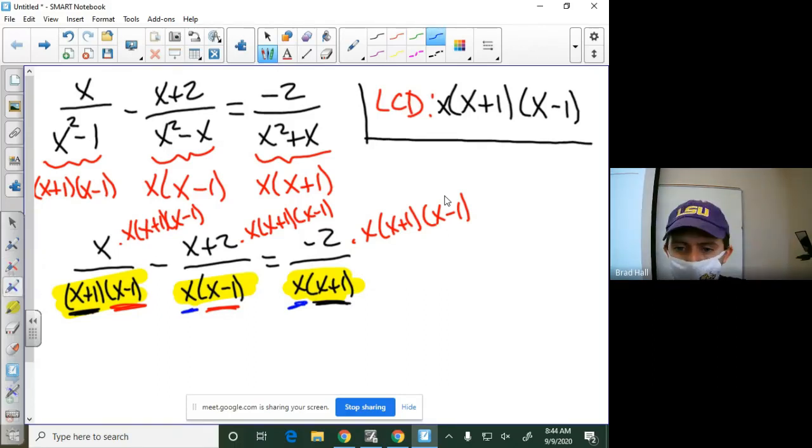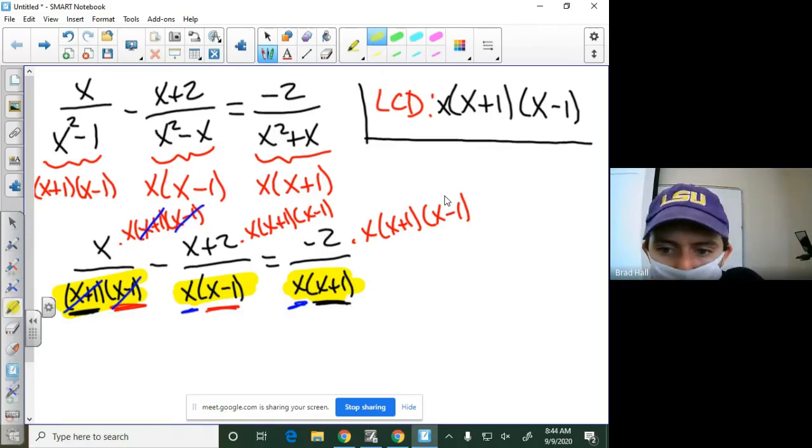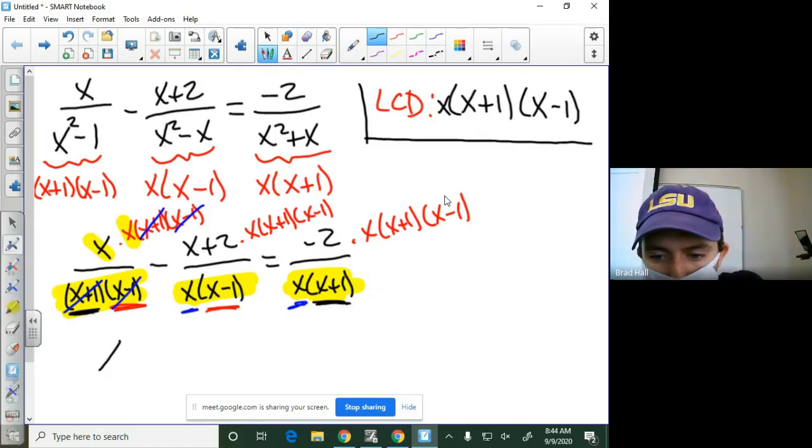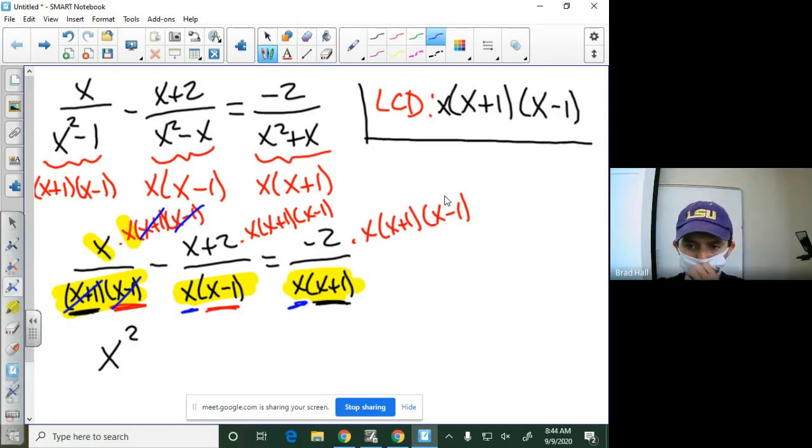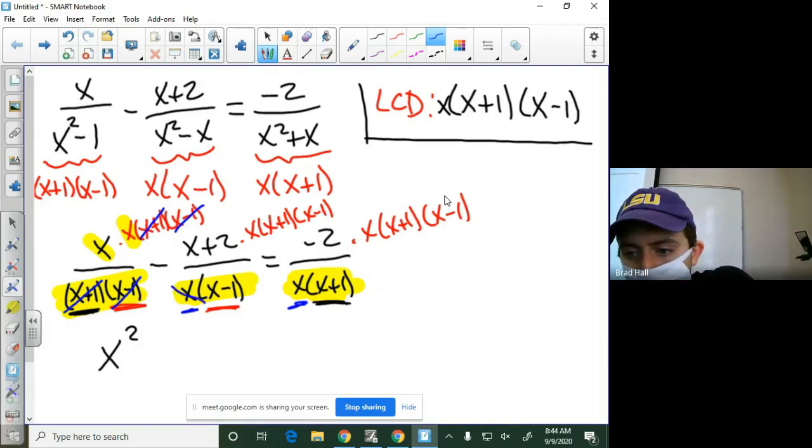So here, the x plus 1 in the denominator cancels with this x plus 1, x minus 1, x minus 1. We are left with x times x, which is x squared. And then I see that x would cancel with this x. X minus 1 would cancel with this x minus 1.